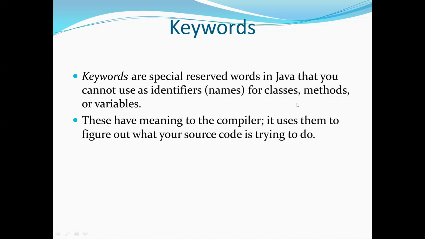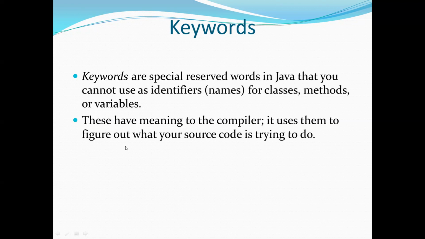Because these have meaning to the compiler. Whenever these keywords come into your code, the compiler applies the special meaning defined for them, that is, what should be executed in place of that keyword. So we should not use these keywords as identifiers. The compiler uses them to figure out what your source code is trying to do.